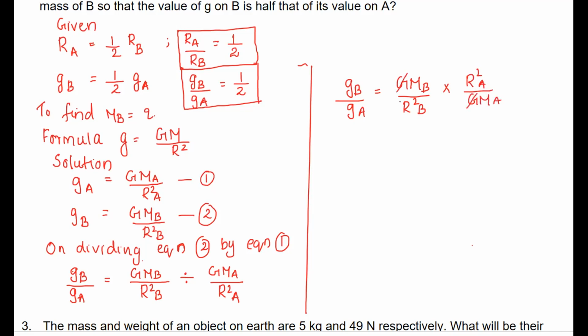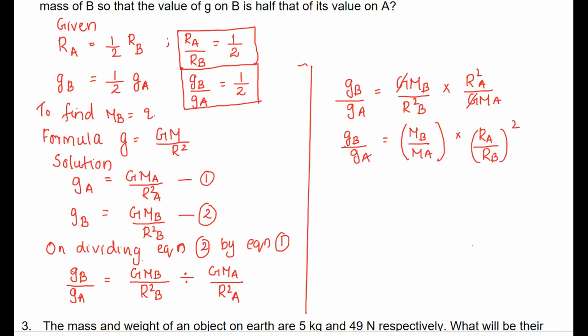G and G will get cancelled. We got GB/GA is equal to, I'm going to write M terms together, that is MB/MA into rA²/rB². We can write this as (RA/RB) the whole square.